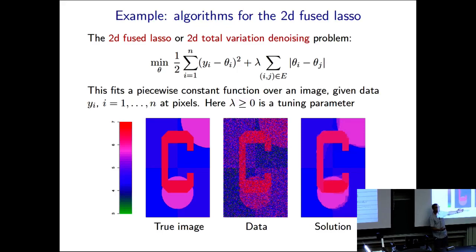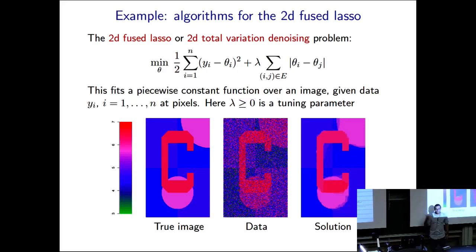Due to the way that the machine works internally, we don't get to observe things in a noiseless fashion. We observe something which has some nice structure plus some noise. And our goal as a practitioner in image denoising is to denoise this, to somehow estimate the underlying image from this data. So this is one way to do this.